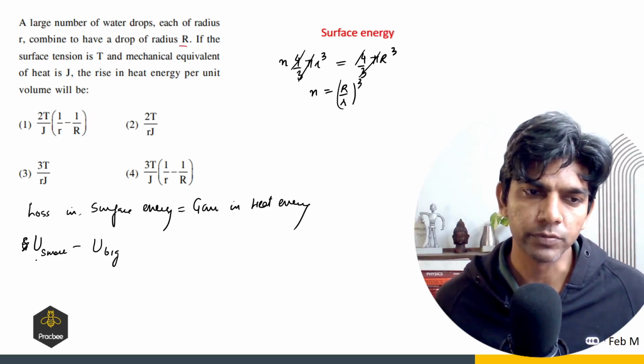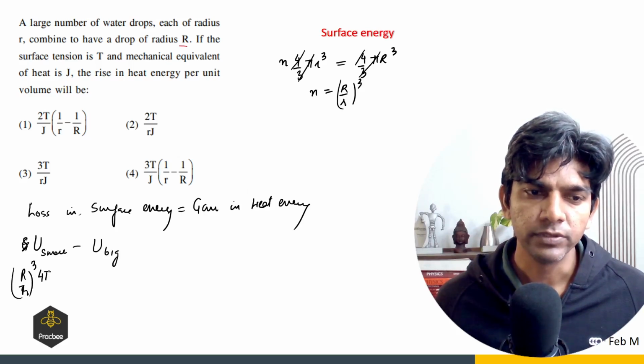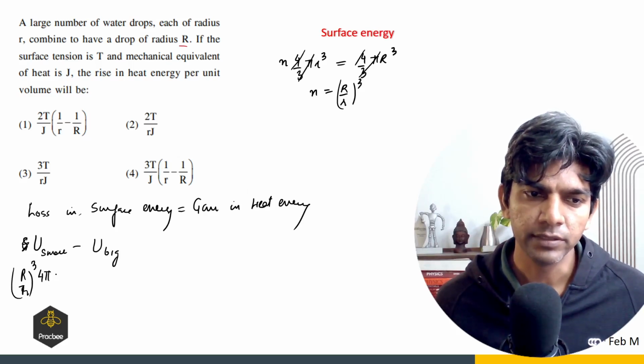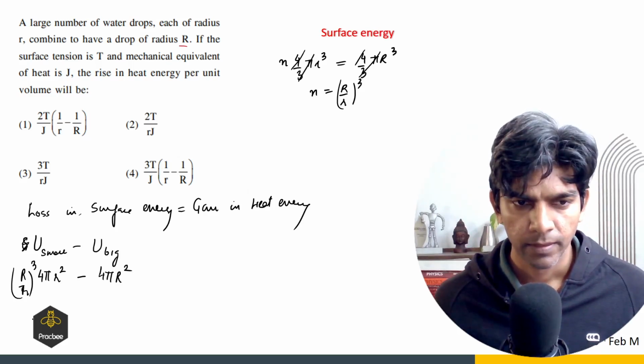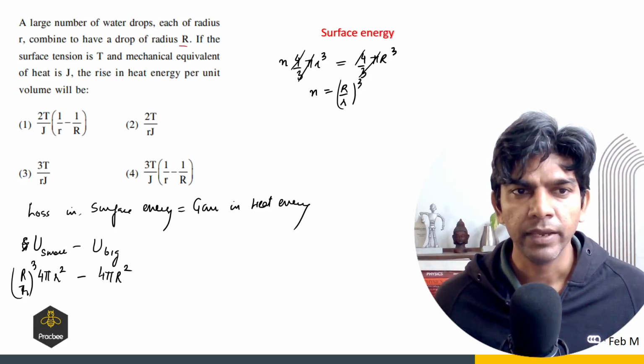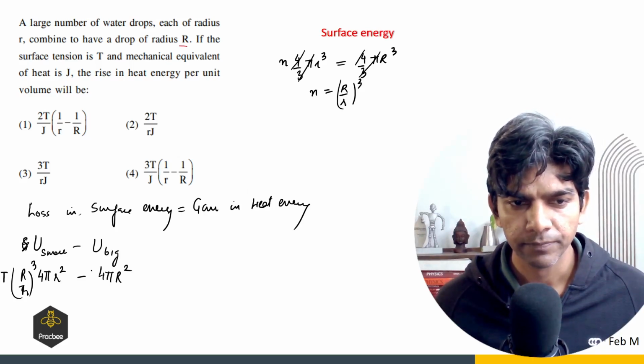So we got the number of drops. So capital R by small r cube times the surface area of each drop, so 4 pi small r square, minus 4 pi capital R square, right? And we have to multiply this with surface tension also, right?